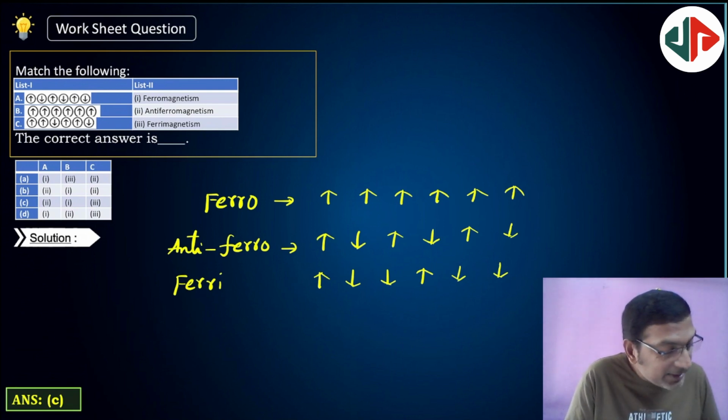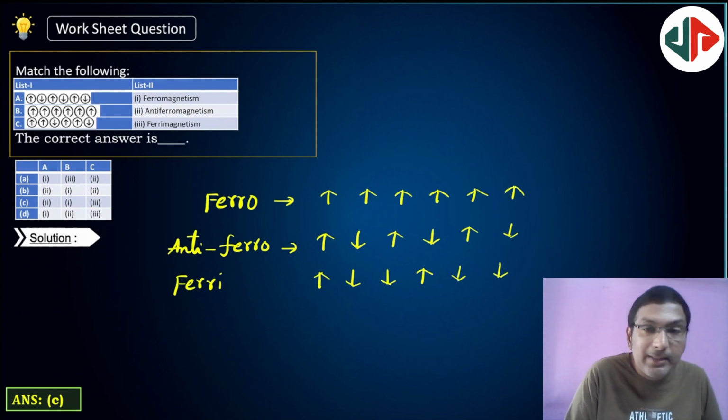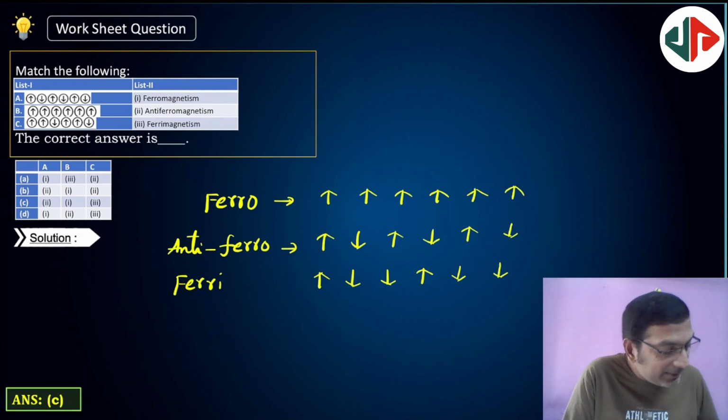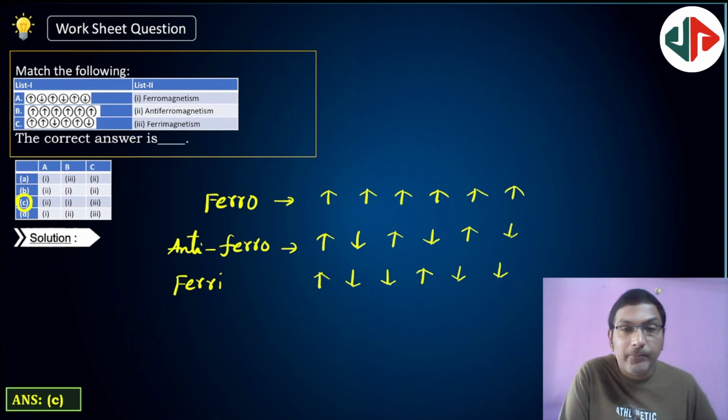So for A, 2 antiferro, one upward, one downward. Next for B, ferromagnetism, all are in the same direction. Next for C, unequal number of upward and downward. Therefore option C: A2, B1, C3. So very important. Alignment of electrons.